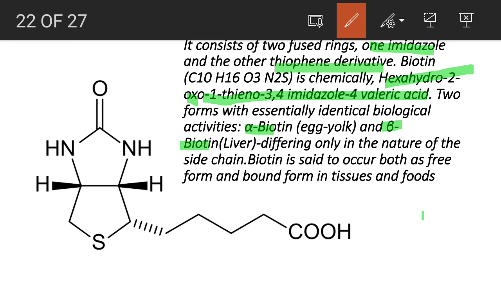Otherwise, their biological activities are very similar. Biotin is said to occur both as free form and bound form in tissues and foods.